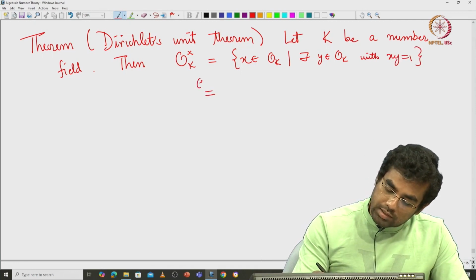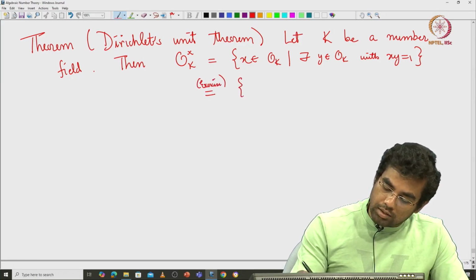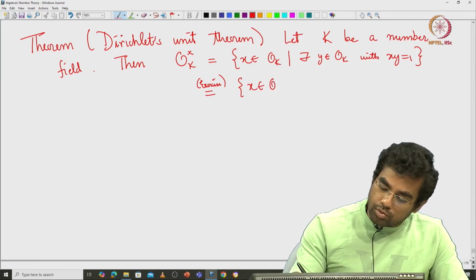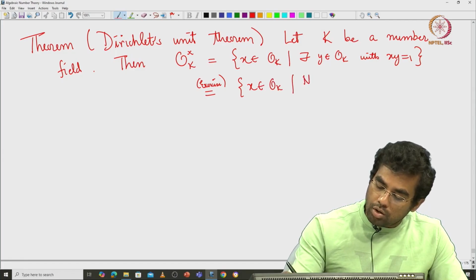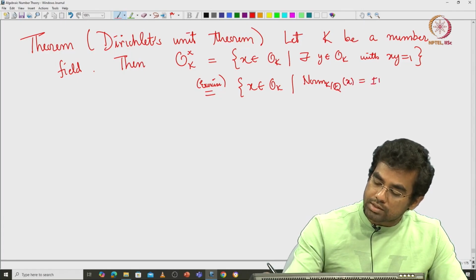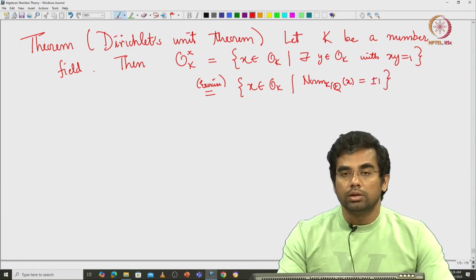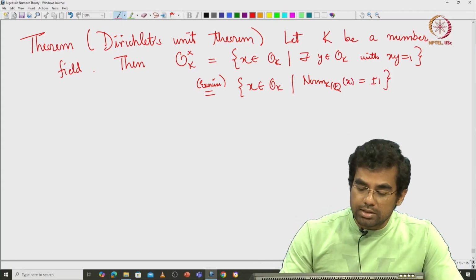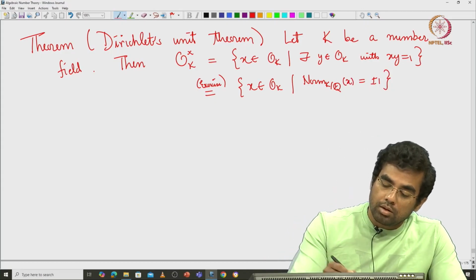This you can take as an exercise: it is the same as saying the set of all x in O_K such that the norm from K to Q of x is equal to plus or minus 1. So this is an easy exercise if you like.